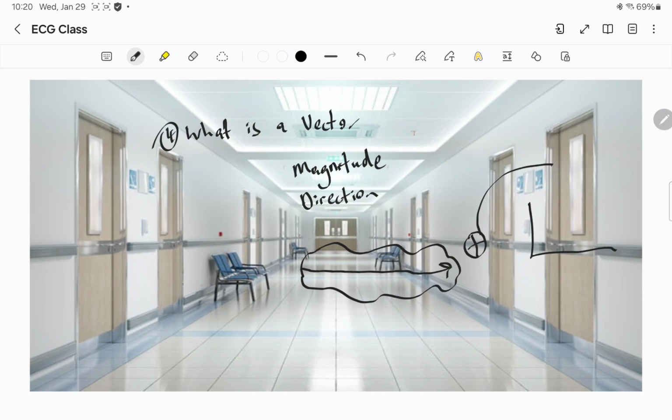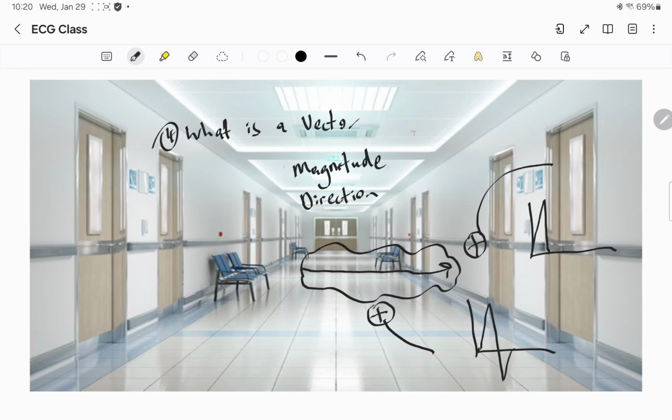This graph will look different than if I put the electrode here. The graph may, for example, look something like this.